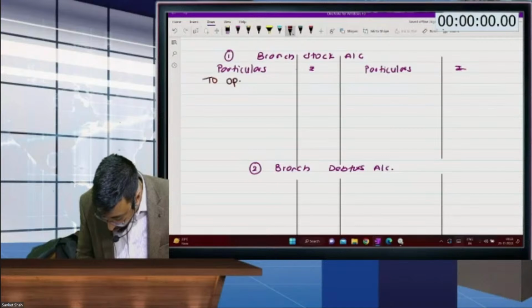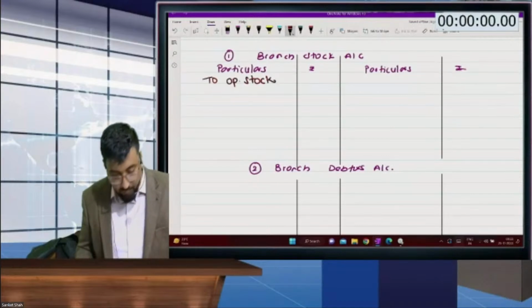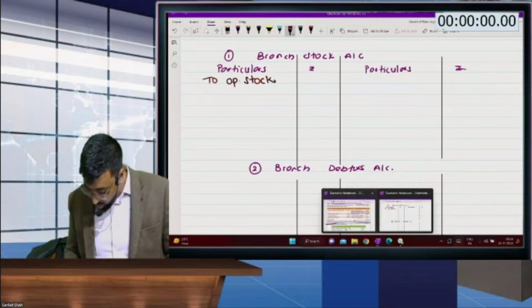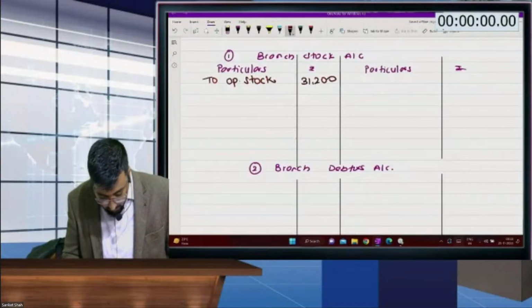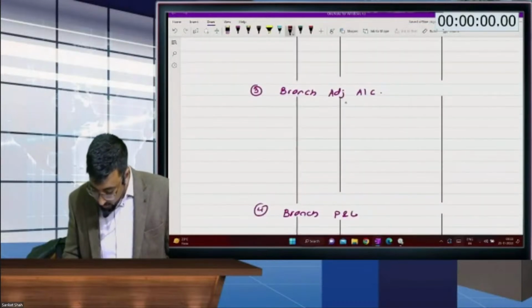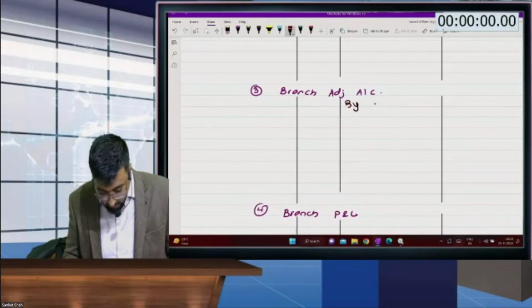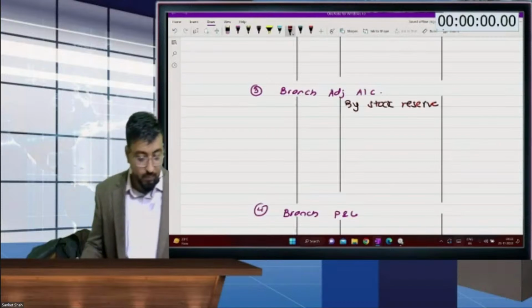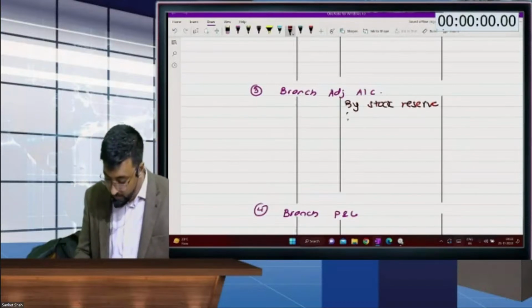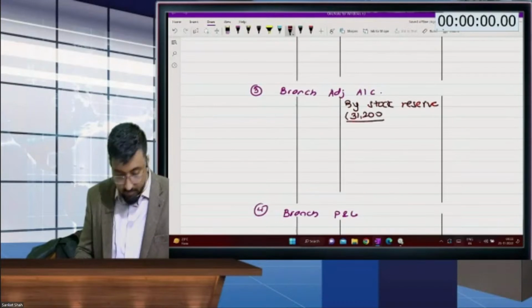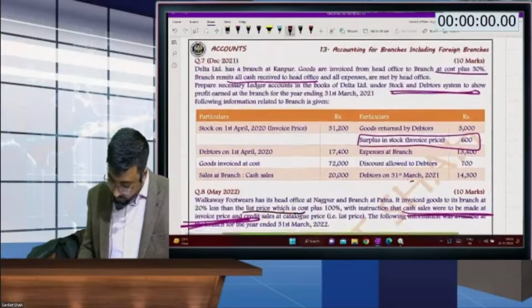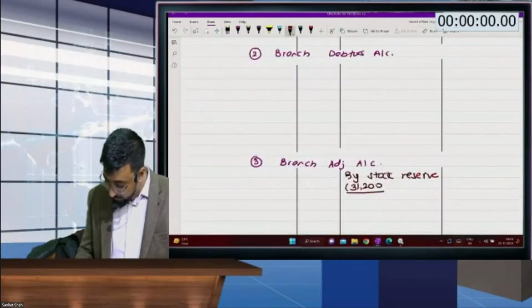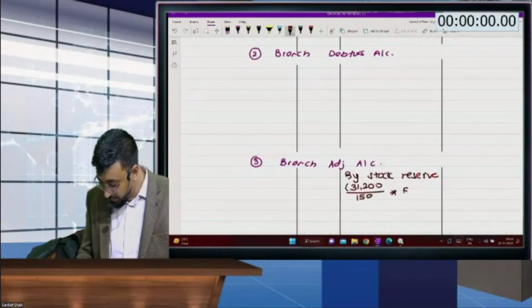To opening stock 31,200. By stock reserve 31,200 divided by 150 into 50.